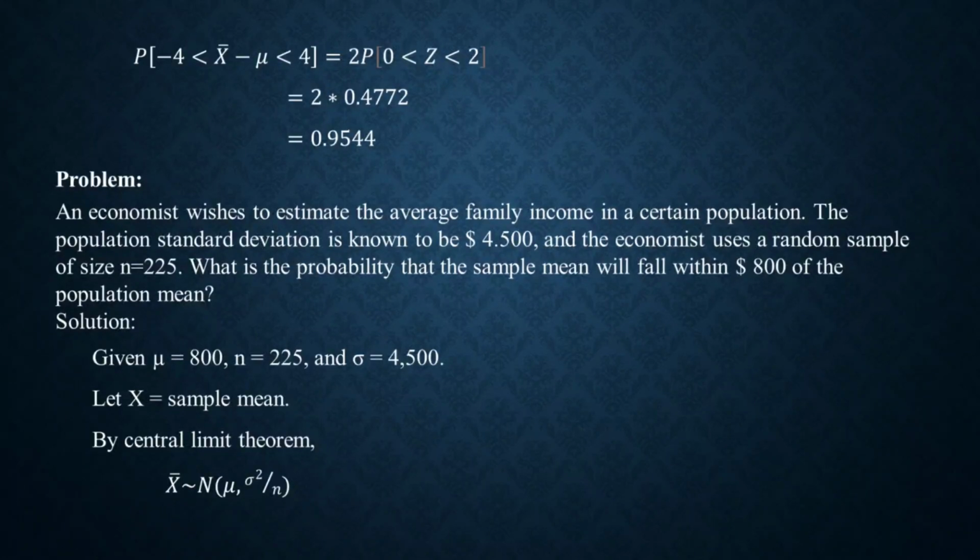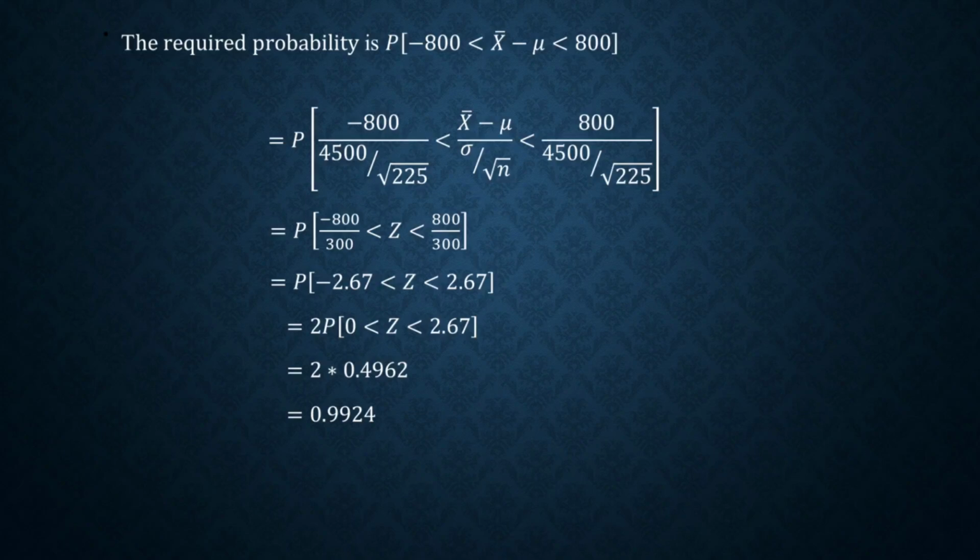So by central limit theorem we have x bar approaches N of mu comma sigma square by n. So the required probability is P of minus 800 less than x bar minus mu less than 800, which is equal to, by proceeding, P of minus 2.67 less than Z less than 2.67.